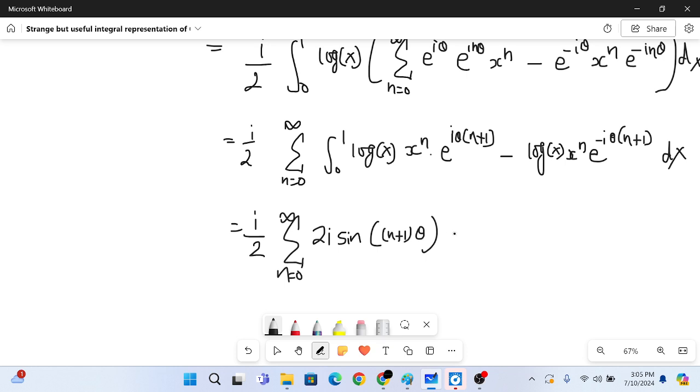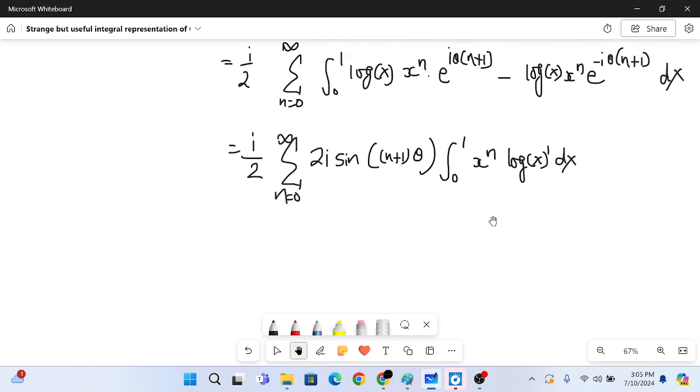The remaining is the integral from 0 to 1 of x to the power n times log x dx. Now log x has power 1, so this can be solved using the formula of the gamma function. The 2 cancels out, so we have the sum from n equals 0 to infinity.